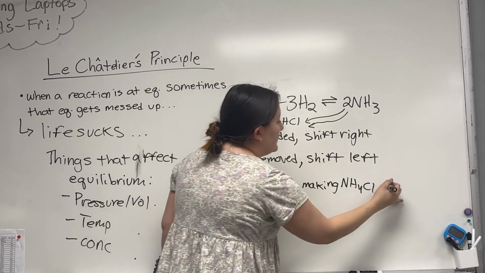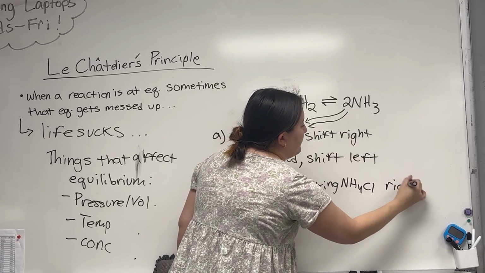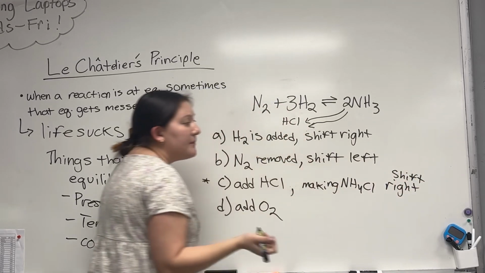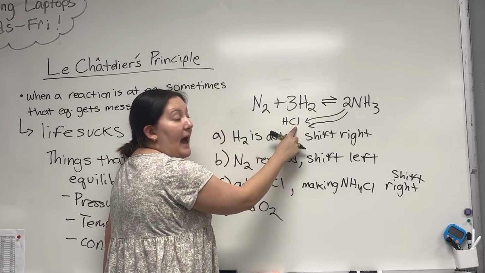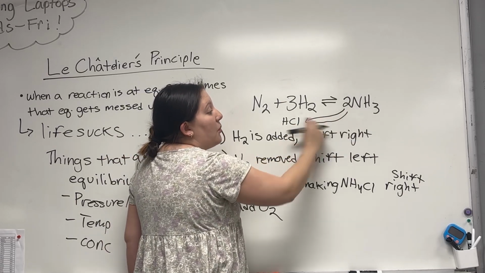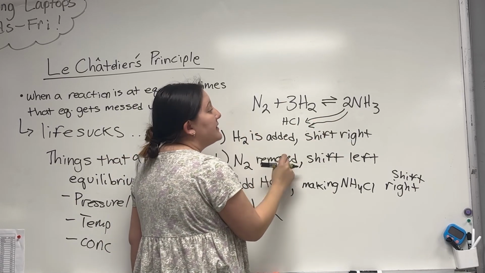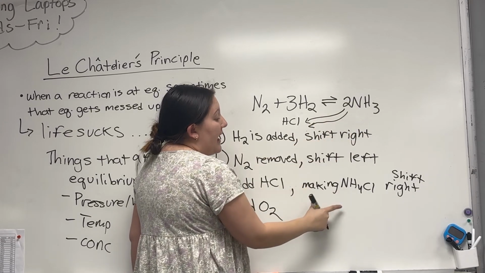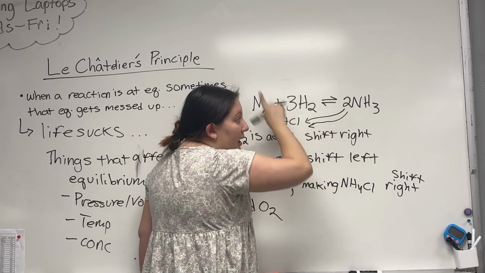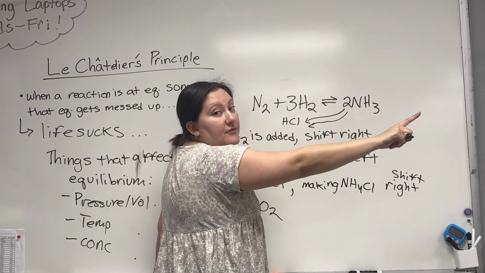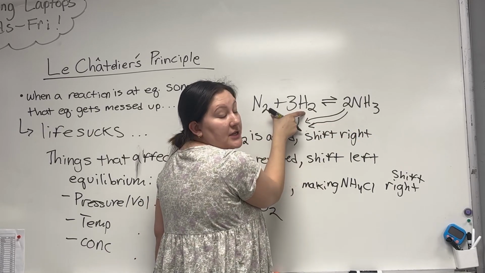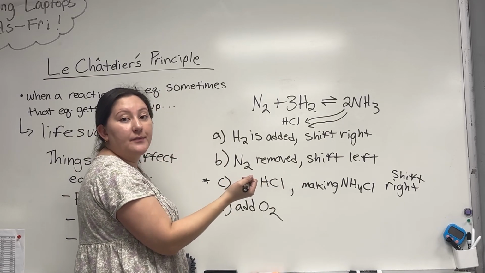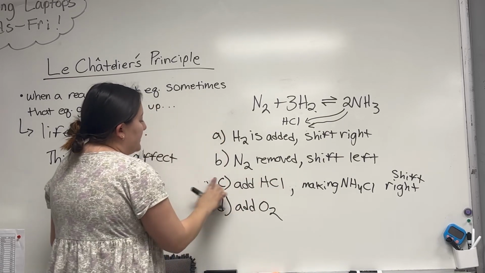So I'm going to say this is a right shift or shift right, doesn't matter. Shift right, because again, the HCl that we add is going to be taking away NH3s. Okay, so effectively adding HCl decreases NH3. And so if we're decreasing the NH3, our reaction has to shift in that direction to turn more of our N2 and H2 into NH3 as product to fill in the gap that we're creating, okay? All right, so there's that.